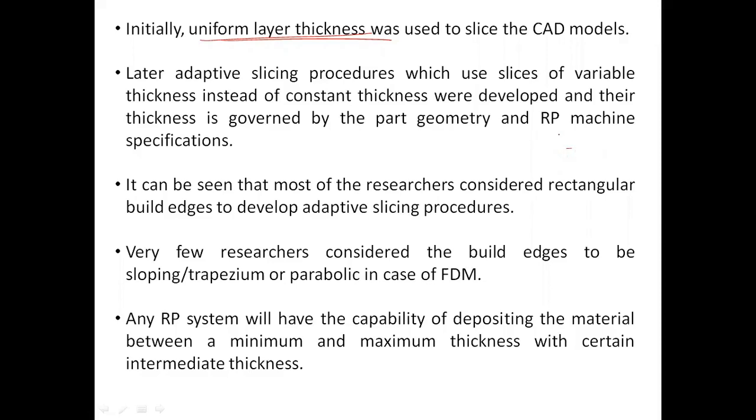So adaptive slicing came in the early 90s, in 92 and 93 to be very precise, and it revolutionized the whole concept of slicing, because now you didn't have to compromise on the part geometry and the RP machine specifications. Now you were not bounded by the part geometry. You could take any part geometry, cut it into sections, and using those sections you could end up working with the models.